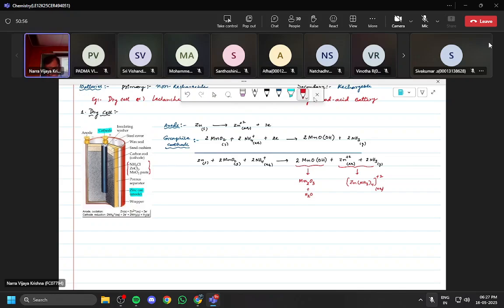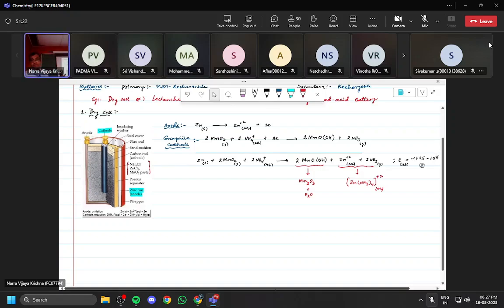Here the voltage obtained, E of this cell, is approximately 1.5 volts. Actually, I will write it as 1.25 to 1.5 volts. Clear? Any questions in it? Do you have any questions?